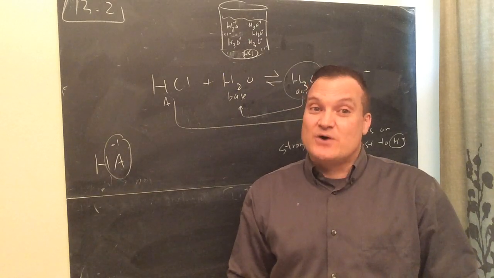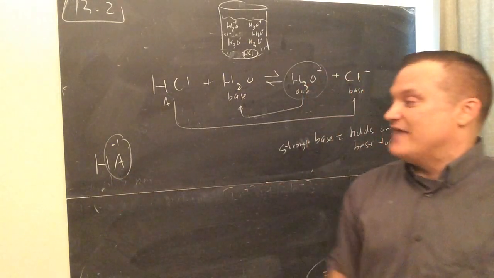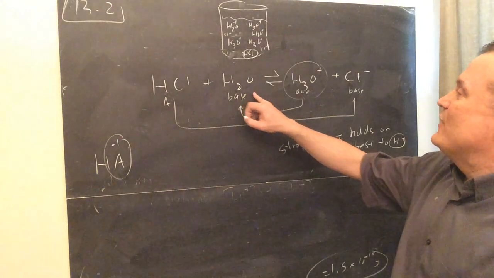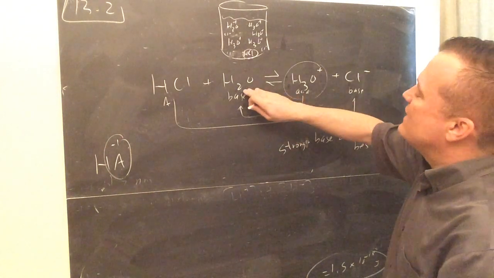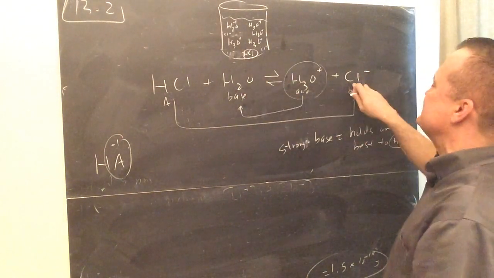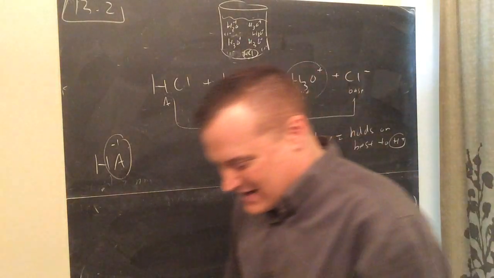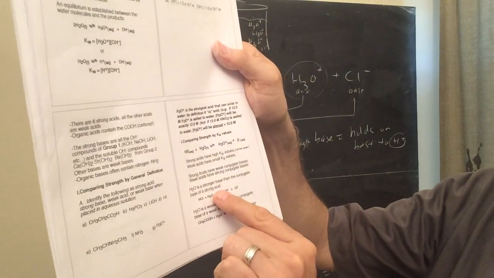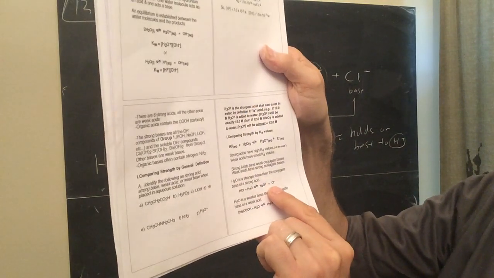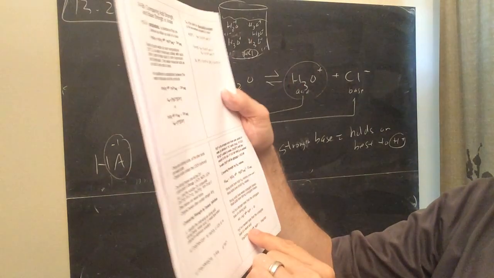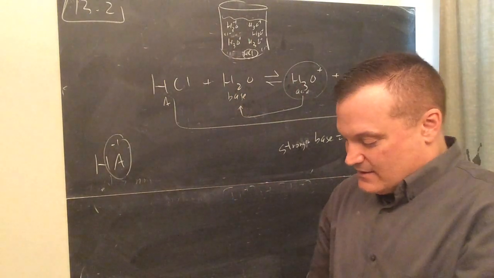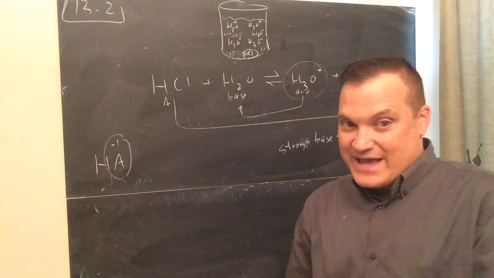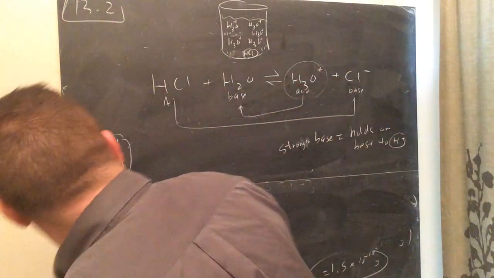Even water is a stronger base than the conjugate of that. So H2O is a stronger base than Cl negative. What a weird way to phrase it. All right, and I wrote it down here at the bottom. H2O is a stronger base than the conjugate base of any strong acid. Okay, and H2O is a weaker base than the conjugate of a weak acid, and I'll have to show you that one as well.